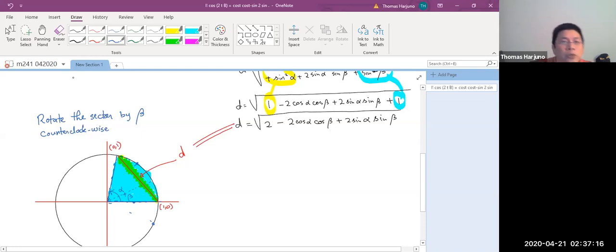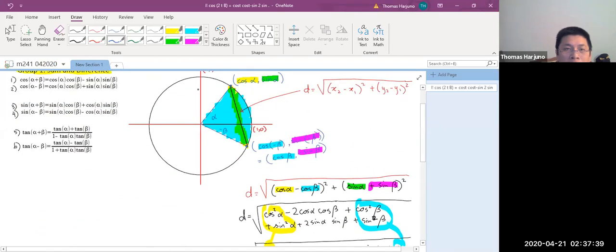Now, of course, the coordinate here is 1, 0. But I wonder if anybody can tell me what's the coordinate here. I give you a hint. We have learned if the central angle is alpha from the positive x-axis, then the coordinate will be cosine alpha, sine alpha.